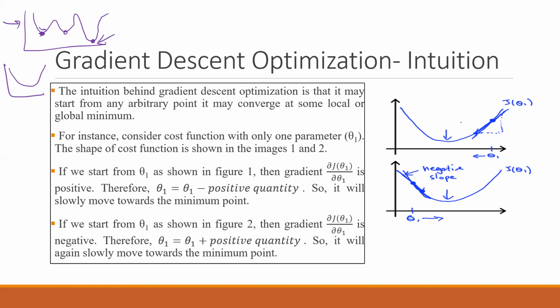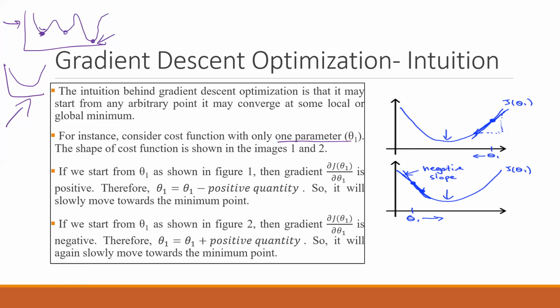We are just trying to understand that if the graph looks something like this and we have to reach the bottom point, then how this mathematics will work. For instance, consider a cost function with only one parameter, theta 1. The shape of the cost function is shown in images 1 and 2.